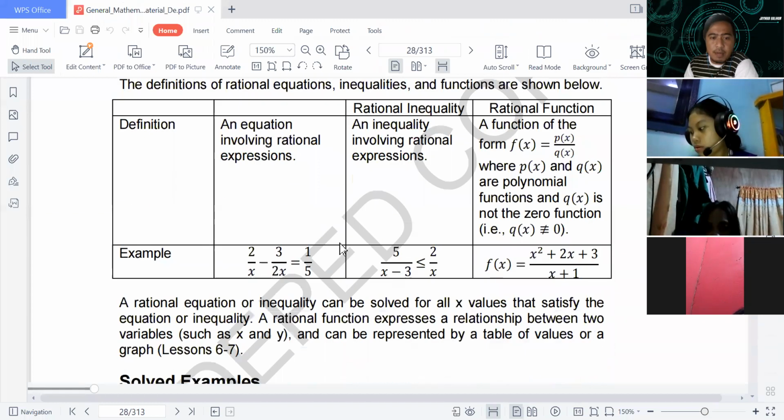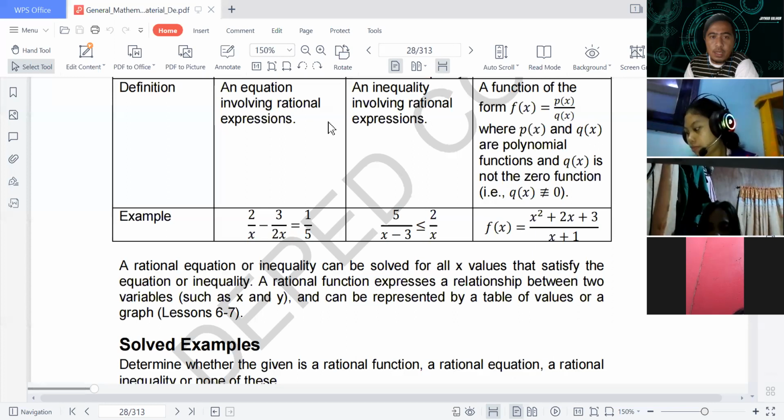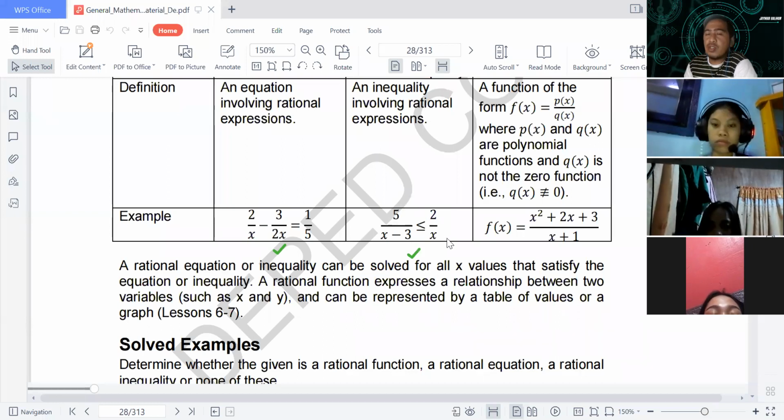Okay, let us have examples here. This one is an example of a rational equation. Here, this is an example of a rational inequality. It involves a rational expression and inequality. Actually, it is less than or equal, then it will be called a rational inequality.